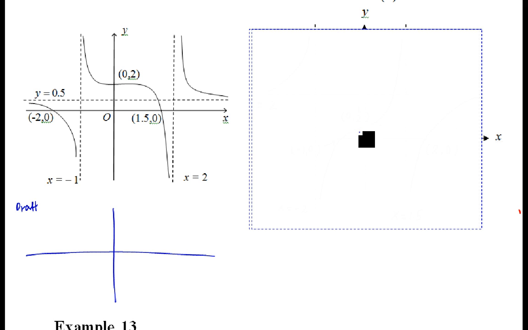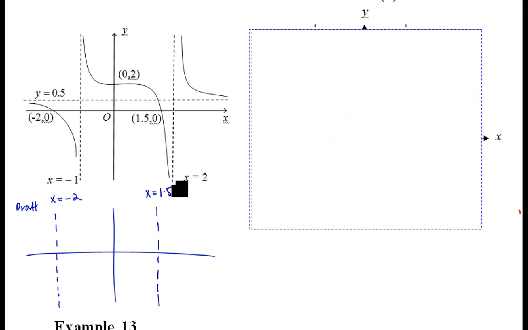Now, we should all know that definitely this point, -2, becomes a vertical asymptote. And here 1.5, not 2, okay? x equals 1.5.